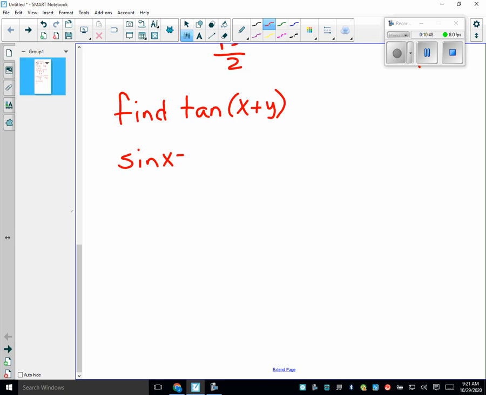Sine of x is negative 15/17, and I'm in quadrant 3. Cosine of y is 9/41, and it's in quadrant 4.